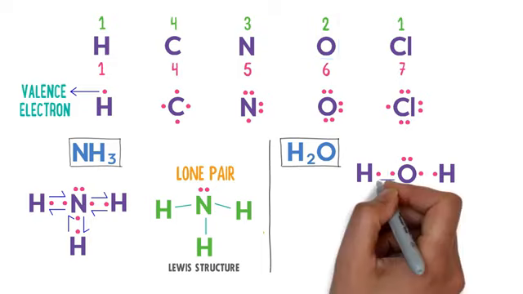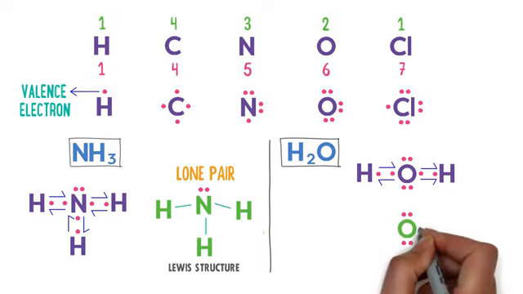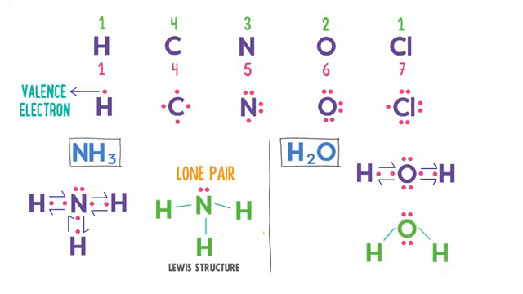Thus, the oxygen atom shares its 2 electrons with the hydrogen atoms, and each hydrogen atom shares 1 electron with oxygen, and we get this structure. There are 2 lone pairs present on the oxygen atom. Thus, this is the Lewis structure of H2O. Therefore, using this trick, we can easily draw the structure of any compound or molecule.